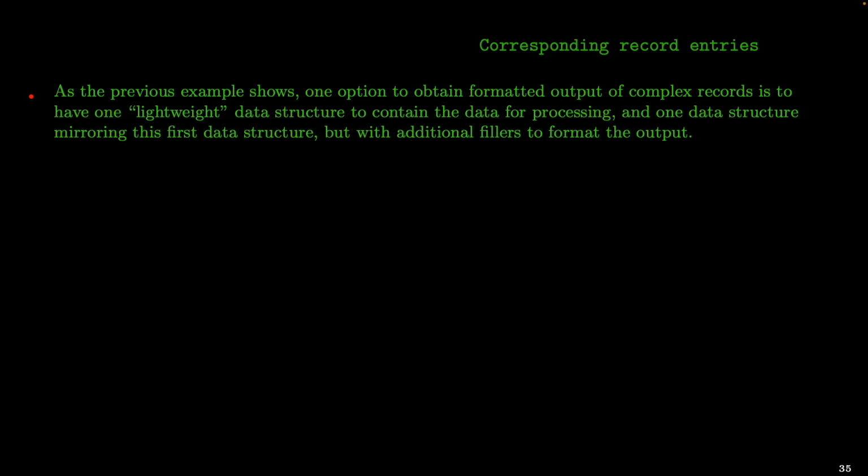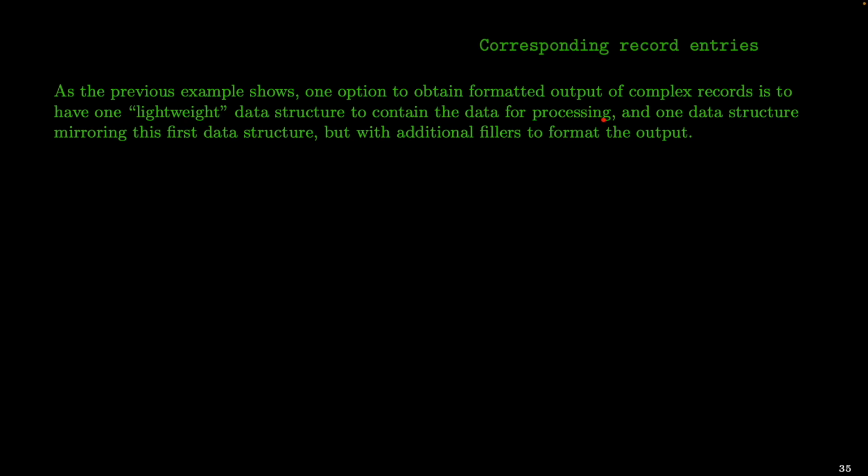As we've seen in the previous example, one option to obtain formatted output of a complex record is to have the lightweight data structure, the plain personnel record, that just contains the data that we need for processing.